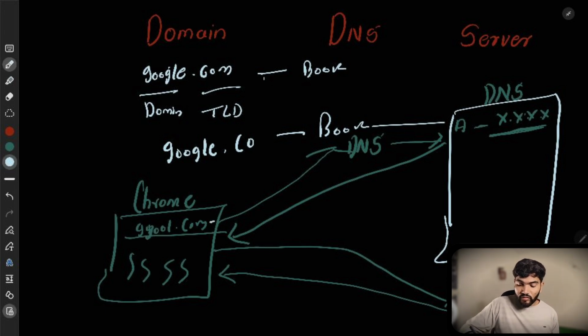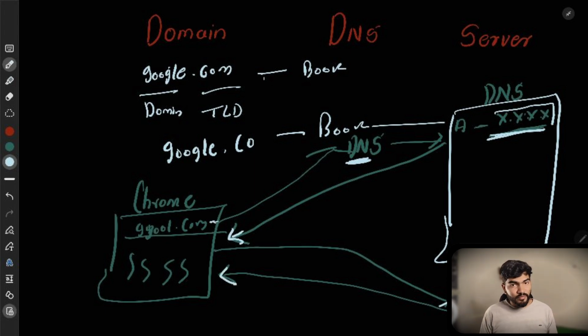When we say give me google.com, it will go to the DNS. It will check in the DNS book for the A name record for google.com, where it will find the IP address where the google.com website server is. Then it will take that IP address back to the browser, and then the browser will make a request to this particular server where the IP address is, and then the server will send back the website, right?